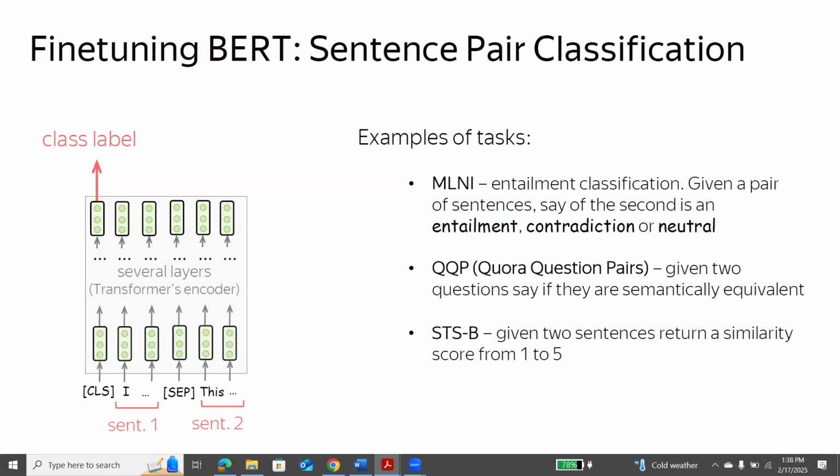Yes, this is actually an example of how we can use BERT for question answering. For example, you can train your BERT model on pairs of sentences, where one sentence is the question and the second sentence is the answer, and a classifier will be trained like 1 if the answer is correct and 0 if it's incorrect, or for similar questions.